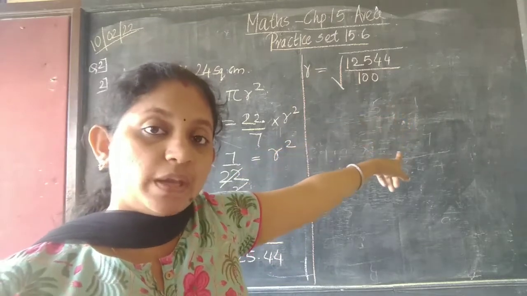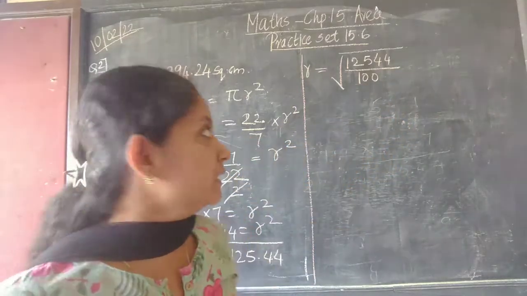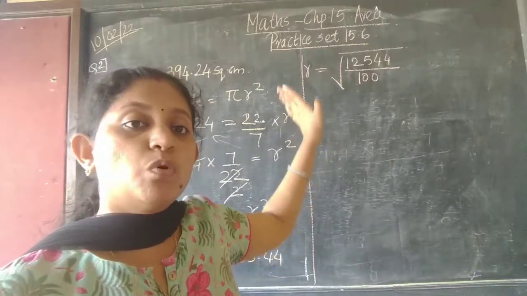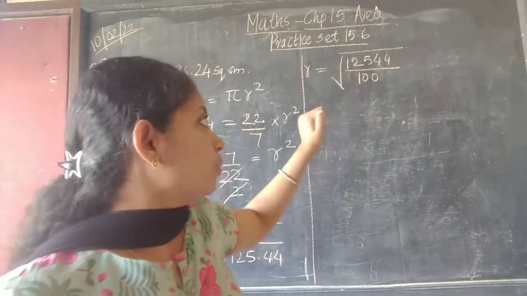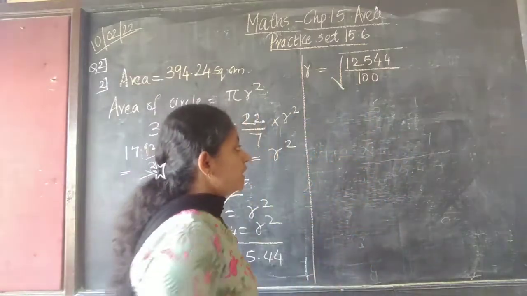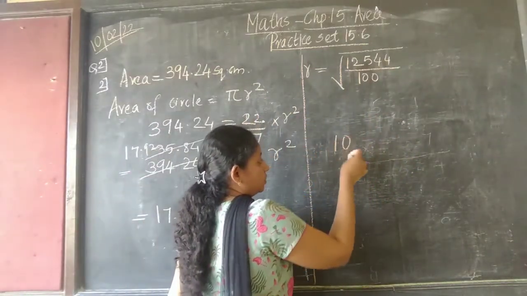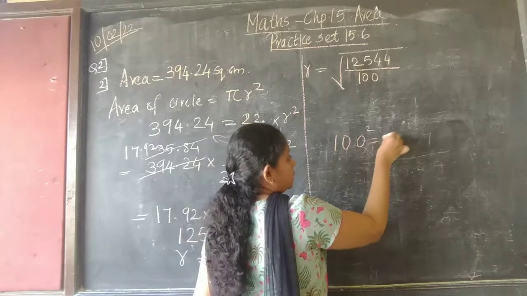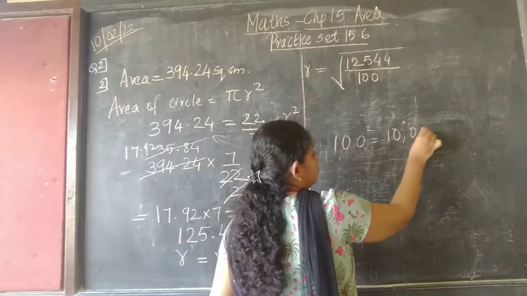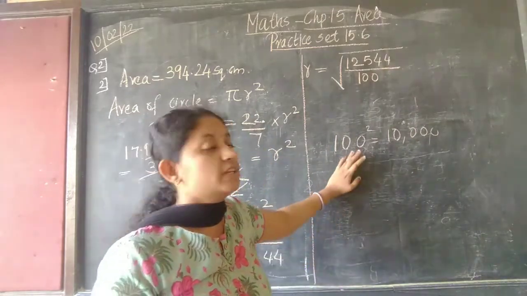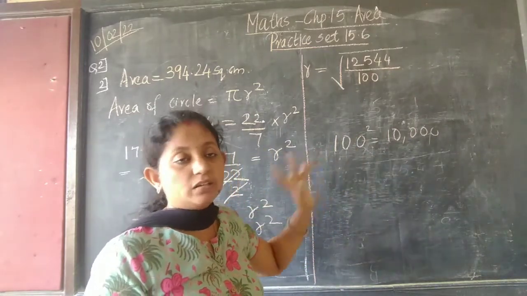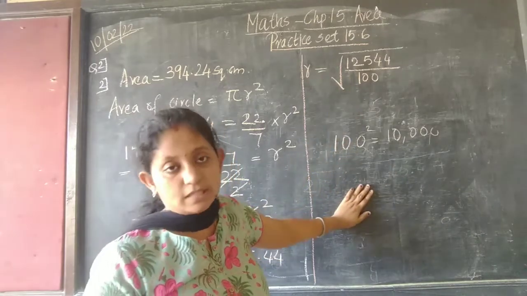What is 100 square? 4 zeros will come, so it is 10,000. So you know it is more than 10,000. 12,000 is more than 10,000, correct? So it is more than 100. Okay? 100 square is 10,000. We want how much? 12,000. So for sure, whatever number is there between 100, that number is not the square root of this number.